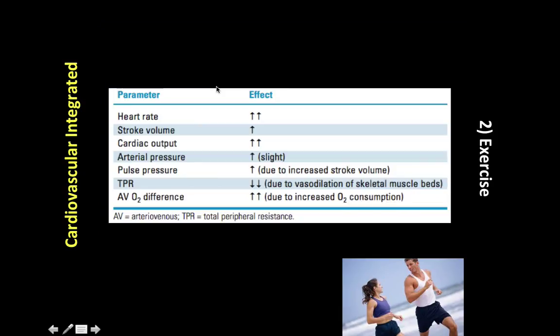Summarizing all of this for you who love tables: heart rate, stroke volume, cardiac output, arterial pressure, and pulse pressure increase due to exercise. Total peripheral resistance decreases, due to vasodilation of skeletal muscles, and the arteriovenous O2 difference increases, due to increased O2 consumption.